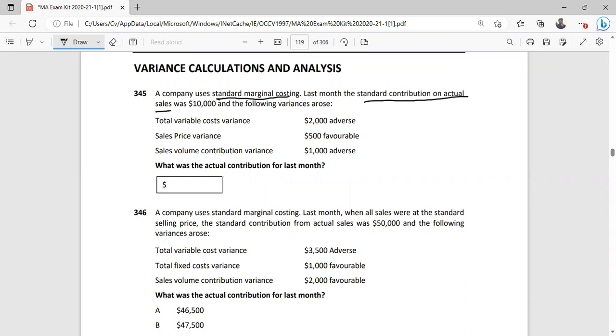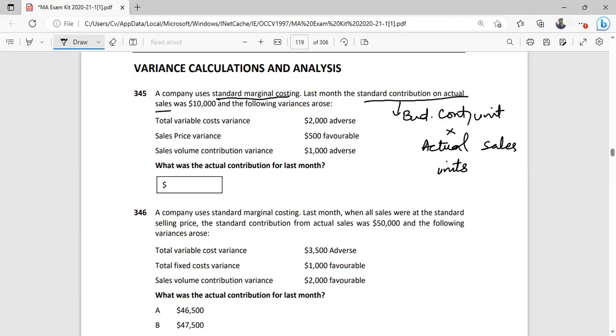Standard contribution on actual sales means budgeted or standard contribution per unit multiplied with actual sales units was $10,000 and the following variances arose.